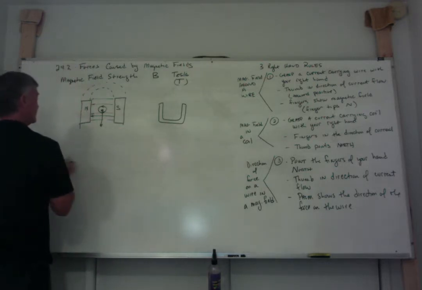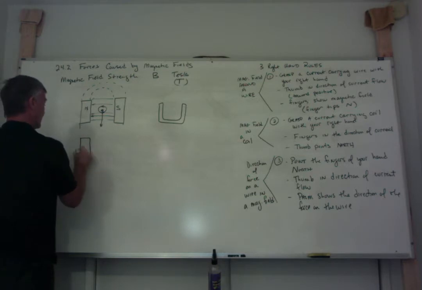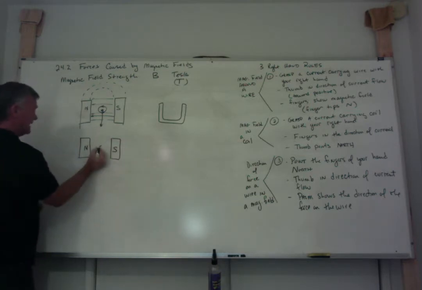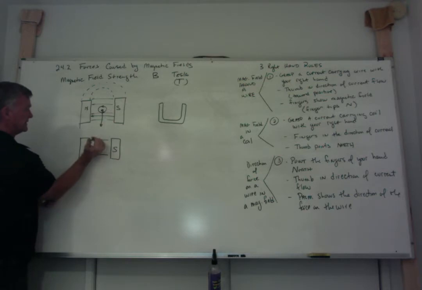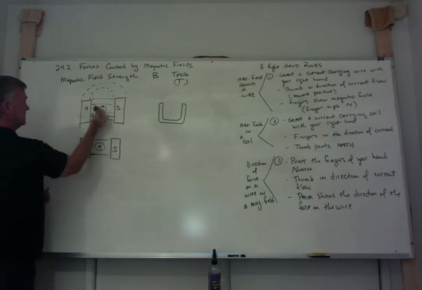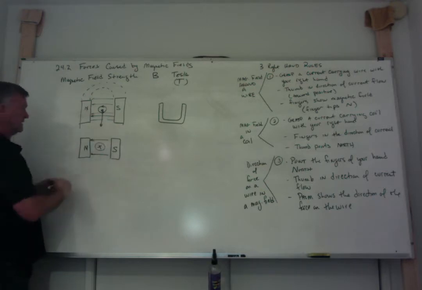Now, if we had turned this around and we put north and south, and I had it this direction, this doesn't change. But now as we go around, this magnetic field, this one was coming out of the board, that's going into the board.